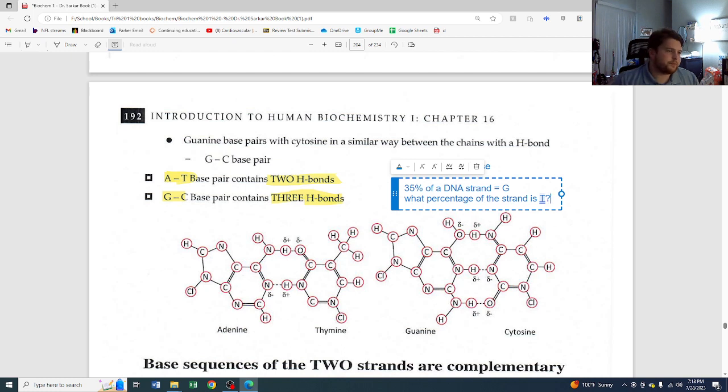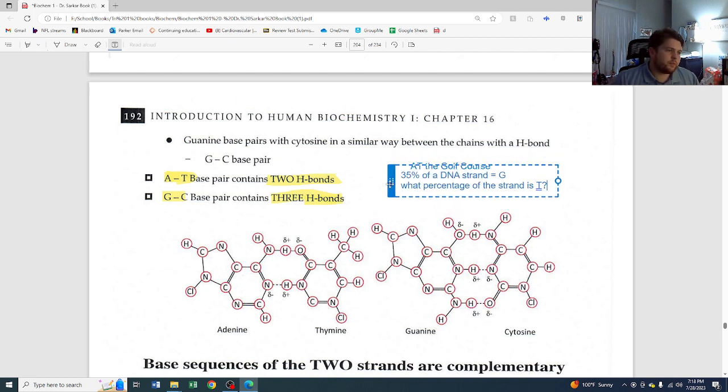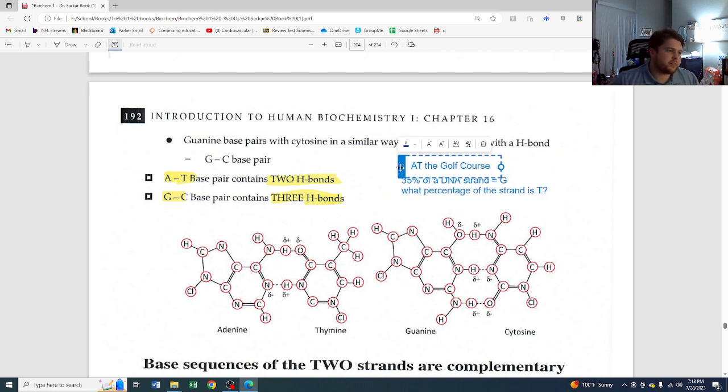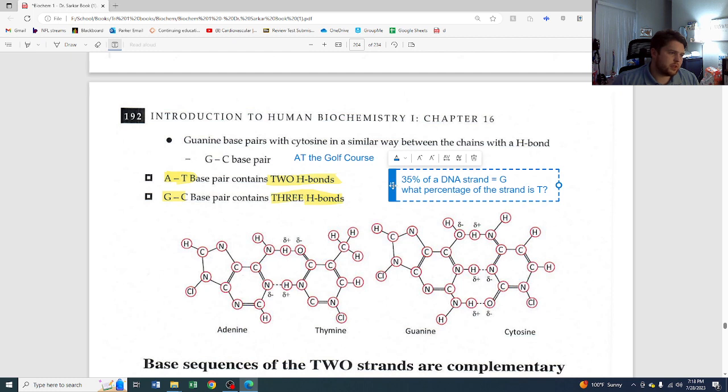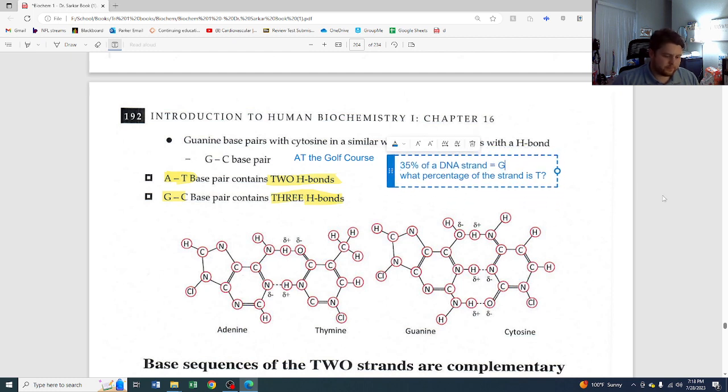How do we figure this out? Well, if we have 35% being guanine, what does guanine pair with? Guanine pairs with cytosine. So that means we also have 35% cytosine.